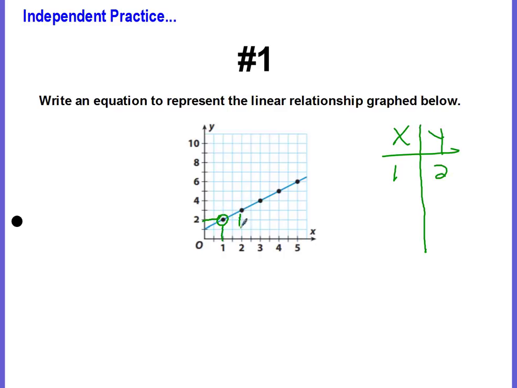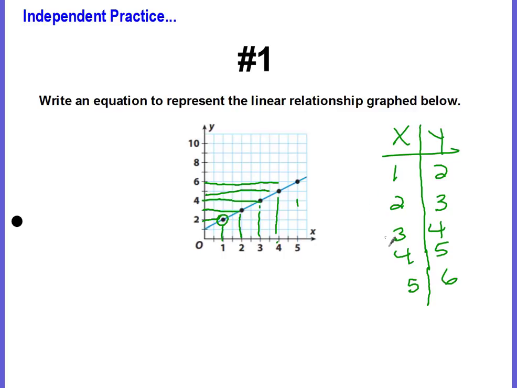My next point goes down to a 2 and a 3. So 2 on the x, 3 on the y. Then the next one is a 3 on the x and a 4 for the y coordinate. The next point is a 4 and a 5. And then the last point is a 5 on the x-axis, and it goes over to 6 on the y-axis.